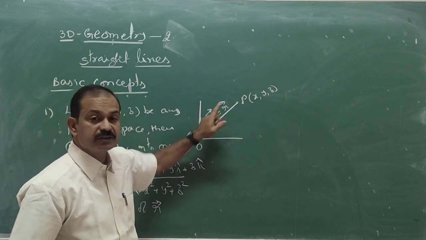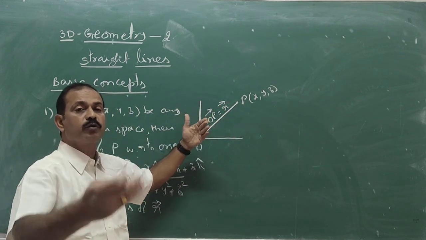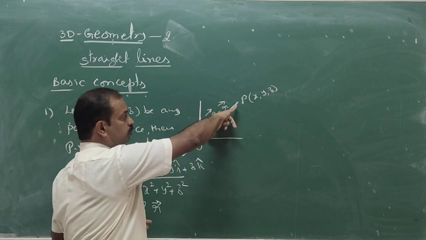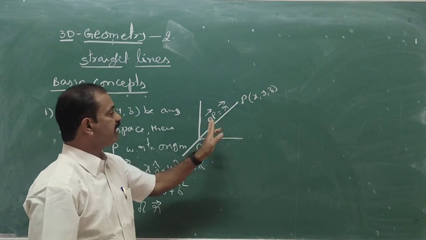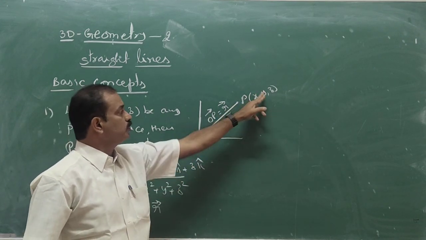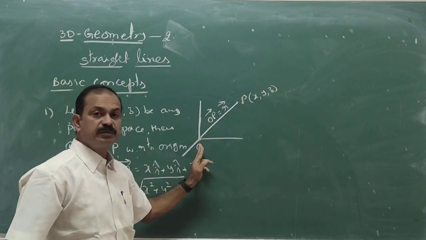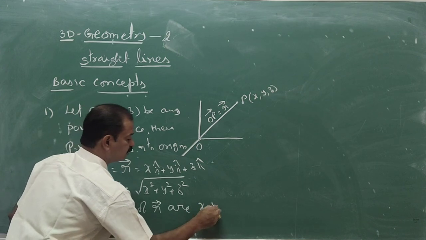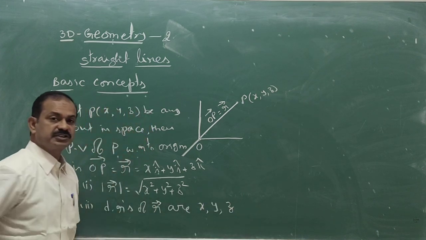In vectors, we studied it as a vector; now we are going to study it as a line. Whether you take the vector or the line OP, the direction ratios of OP are x minus 0, y minus 0, z minus 0, or simply x comma y comma z.